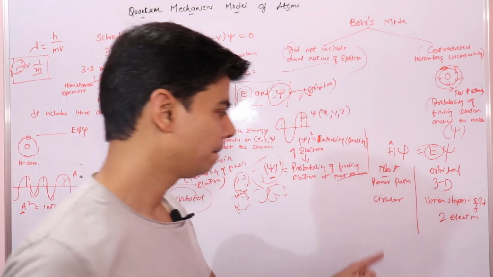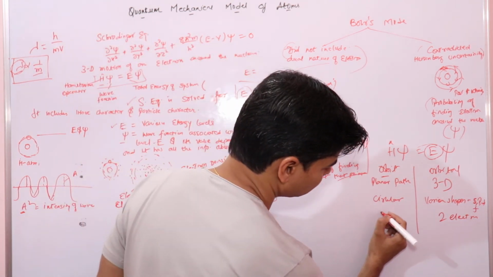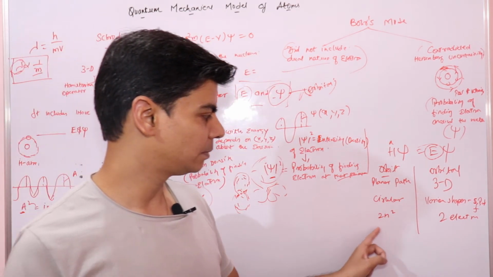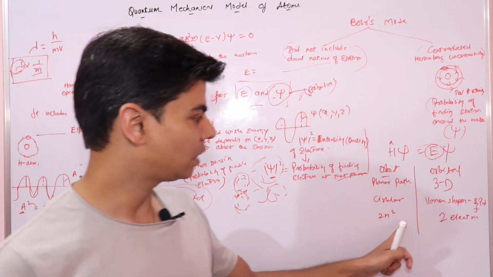If you remember, we are doing it from smaller classes, junior classes. The maximum number of electrons in an orbit is given by the formula 2n², where n is the energy level. These are the major differences between orbit and orbitals.